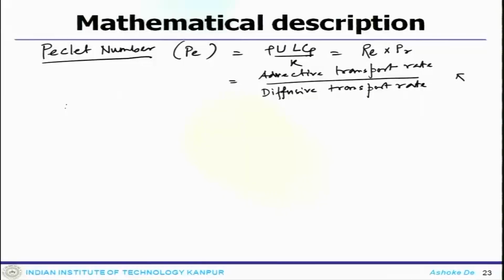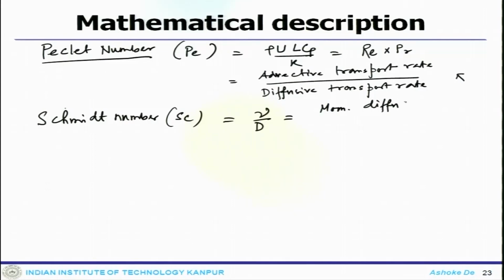Now, there will be another number called the Schmidt number, that is Sc. This is again the ratio of momentum diffusivity to mass diffusivity.